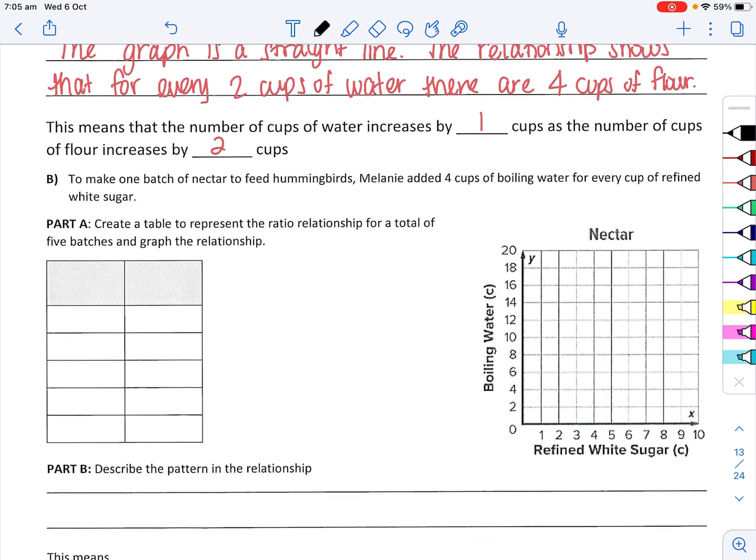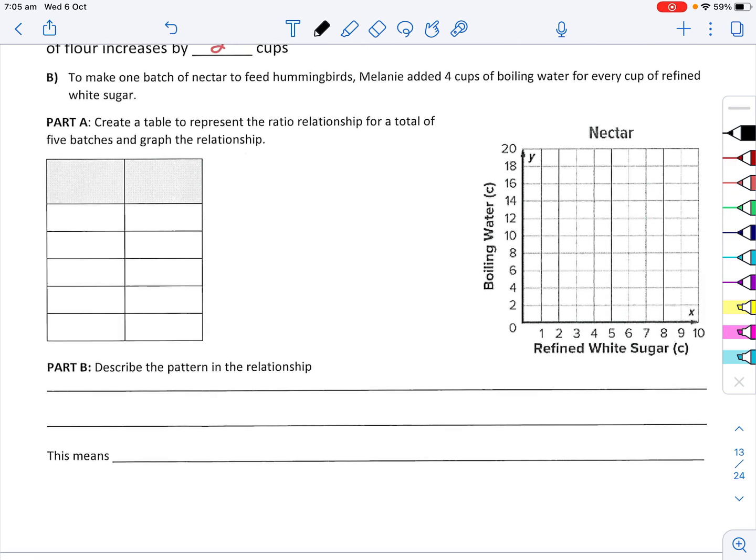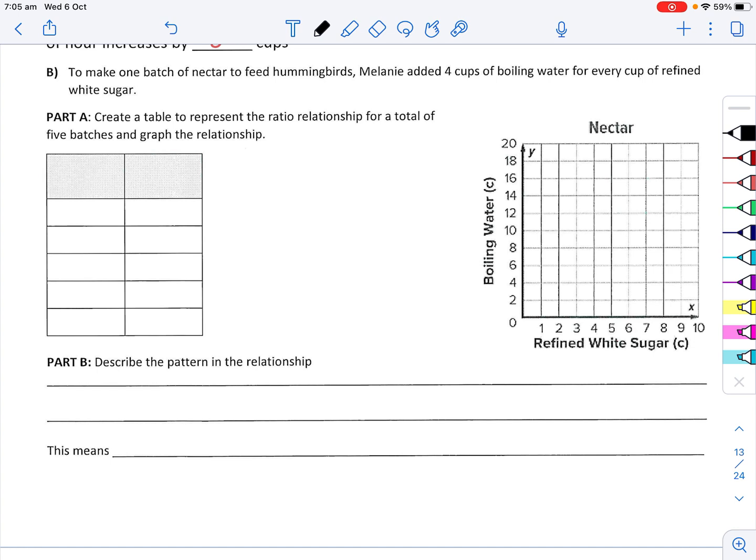Part B says to make 1 batch of nectar to feed hummingbirds, Melanie added 4 cups of boiling water for every cup of white sugar. Create a table to represent the relationship for a total of 5 batches and graph the relationship. So I've got white sugar and I've got boiling water.